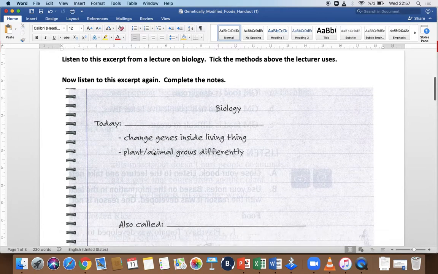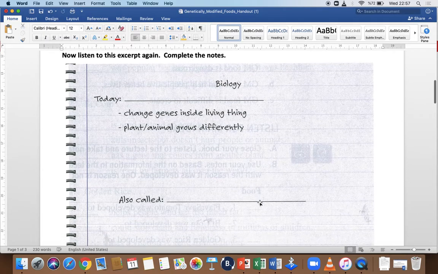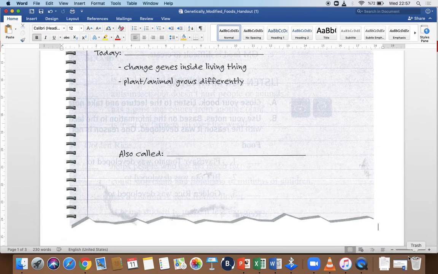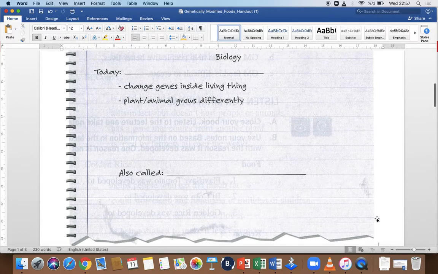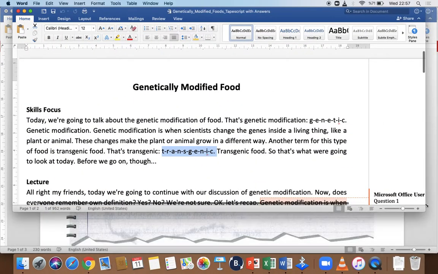And now, can you please listen to this short audio again and fill the gaps here, complete the notes, okay? Okay, I assume that you listened, so let's look at here.